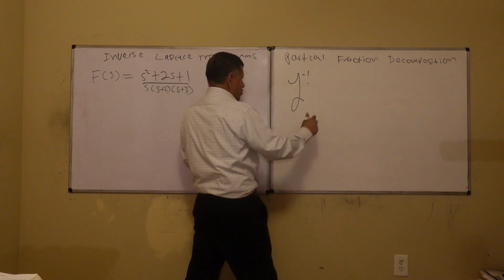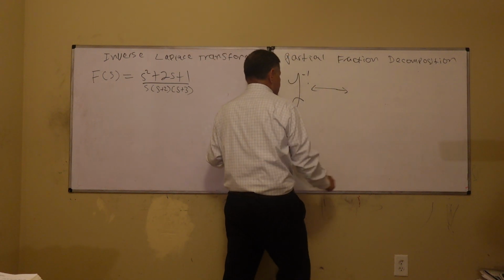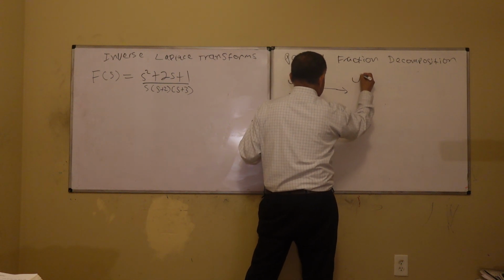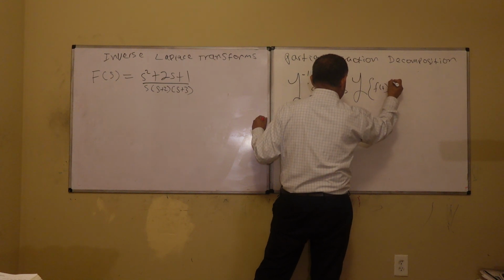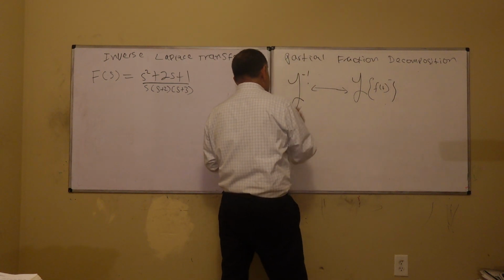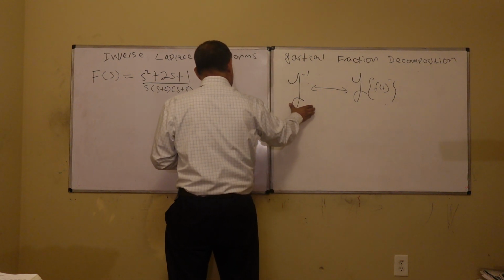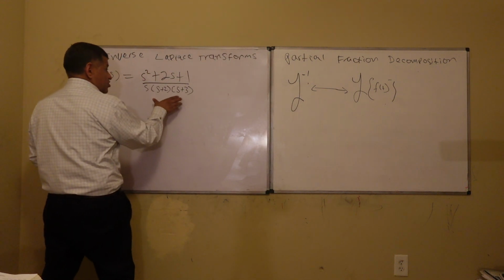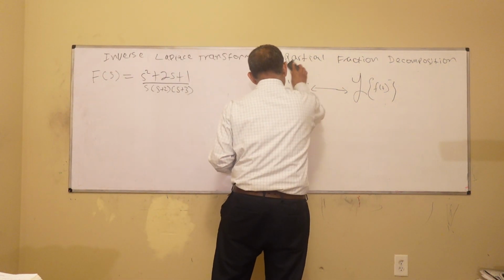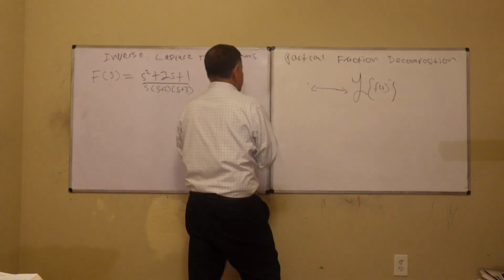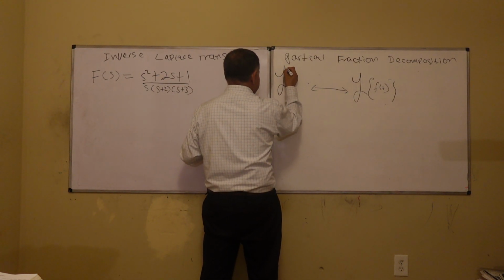So now, we have this, right? Because this is technically what it was: we had a Laplace of f of t, right? And this guy right here is technically the inverse of that. So basically, this is the Laplace of that.